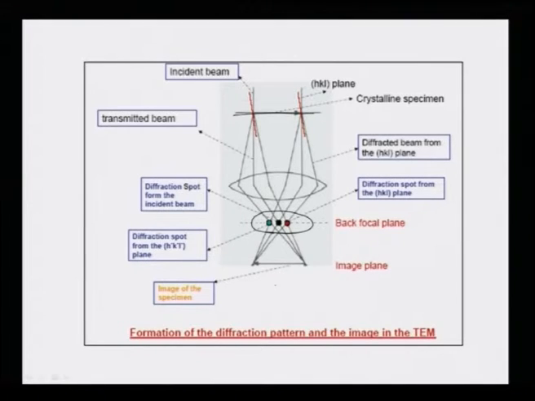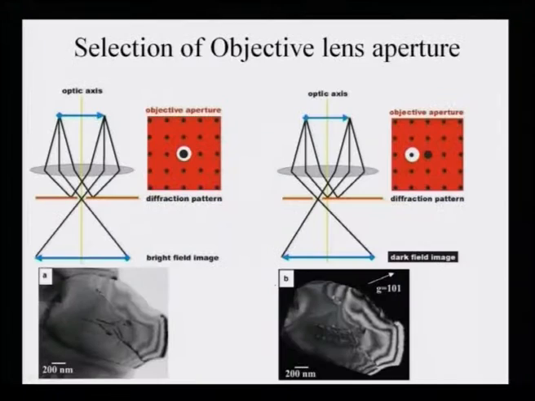This is nothing but the Fourier transformation of the electron beams, or the exit waves at the exit surface of the crystal. Now, as I said, we can use this diffraction pattern to get diffraction contrast, which is normally done in standard electron microscopes.